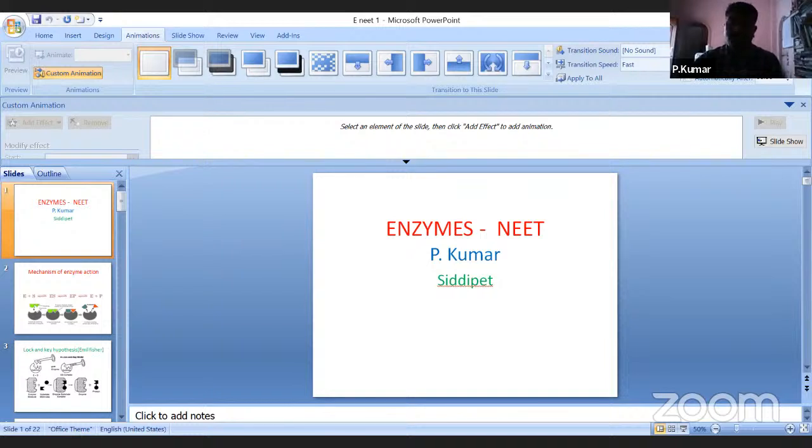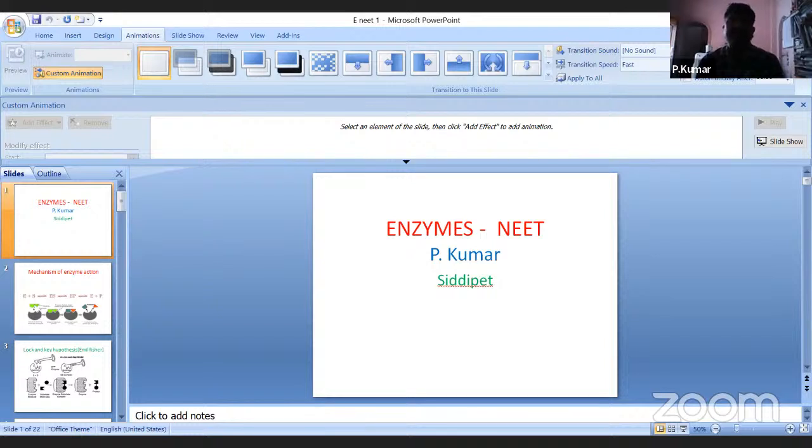So here you are observing, according to the lock and key hypothesis, we can explain. For the NEET examination, it is important who proposed it: Emil Fischer. In the lock and key comparison, the lock is the substrate and the key is the enzyme. The lock and key hypothesis explains only two important points, including enzyme specificity.